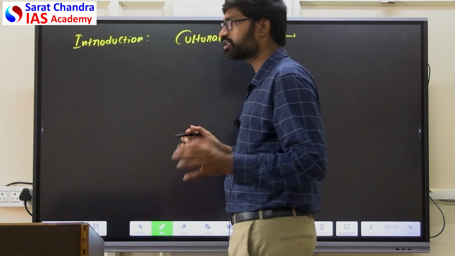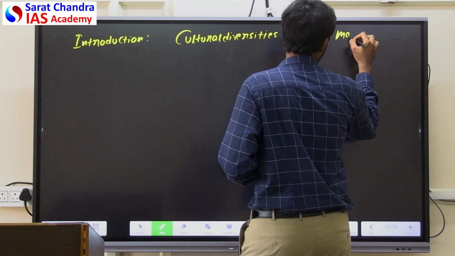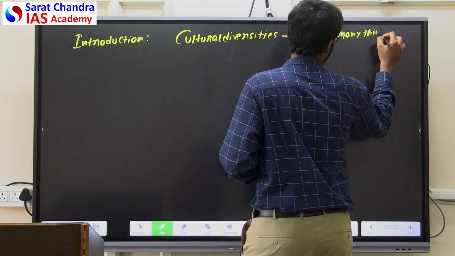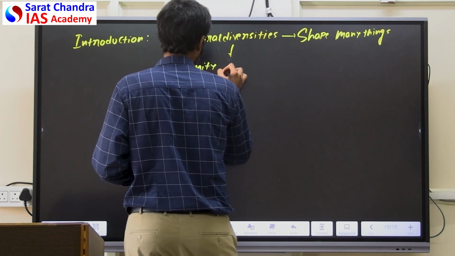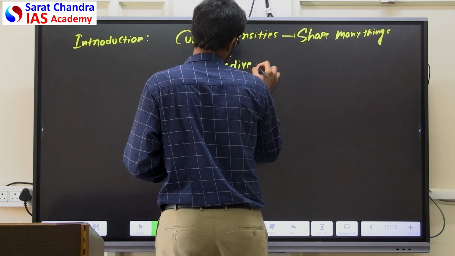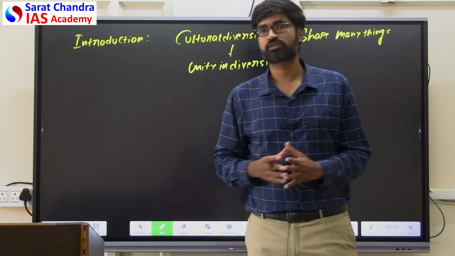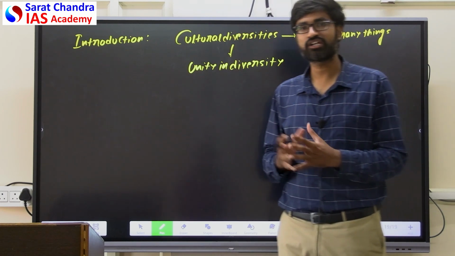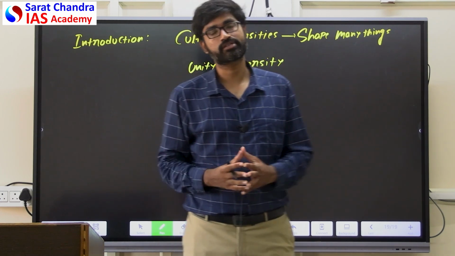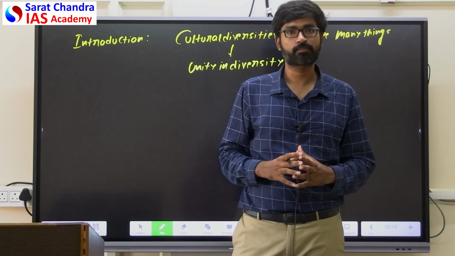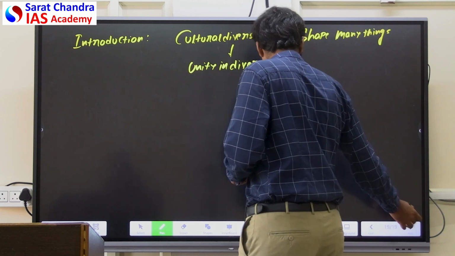The cultural diversities in India shape many things, because we focus on the unity in diversity. We focus on the unity in diversity through cultures. Even though we have diverse cultures, we have unity in diversity. You can introduce these sort of things. Now we can go for the next part: what are the diversities present in India? The diversities part.